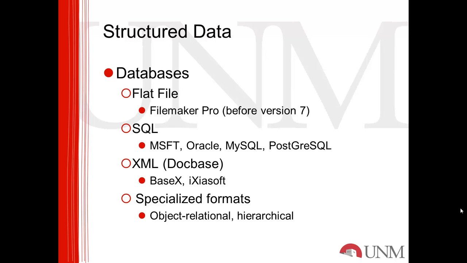And you only see those around nowadays for either very simple purpose applications or for legacy applications. FileMaker Pro was a very popular desktop database application for many years, and it was completely flat file, which meant it was essentially a big spreadsheet with an interface on top of it. That was before version 7 of FileMaker Pro. Current versions of that product are much more relational in characteristic.